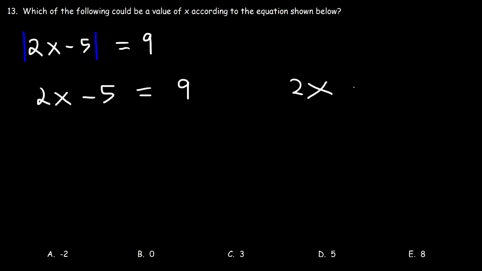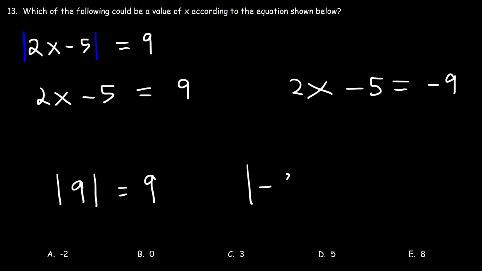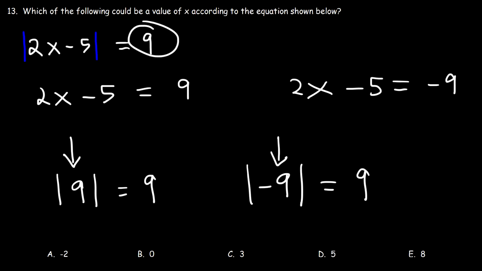And the second equation is 2x minus 5 is equal to negative 9. The reason being is the absolute value of 9 is 9, but the absolute value of negative 9 is also 9. So on the inside, we can have two possible answers, 9 or negative 9, because they will both produce an output of positive 9.